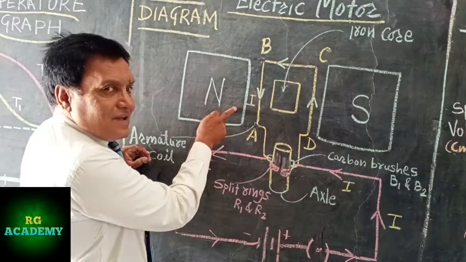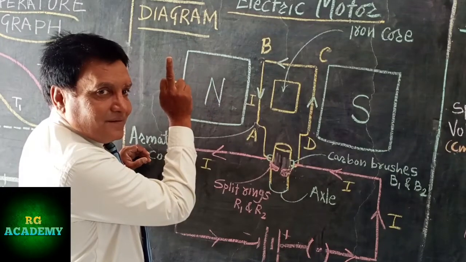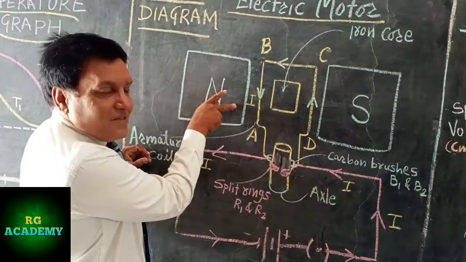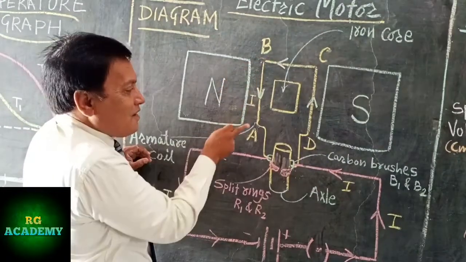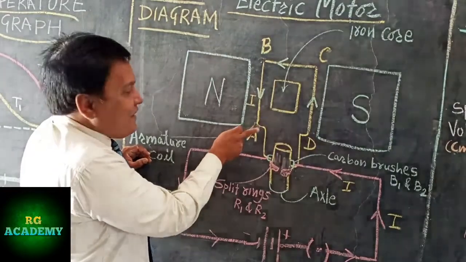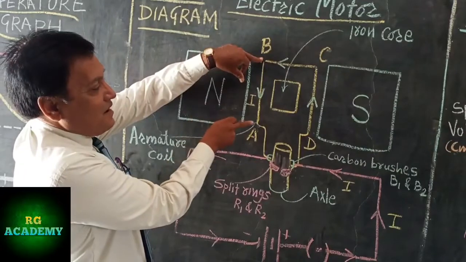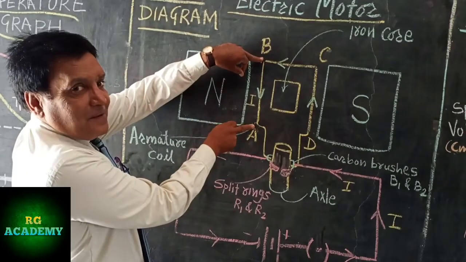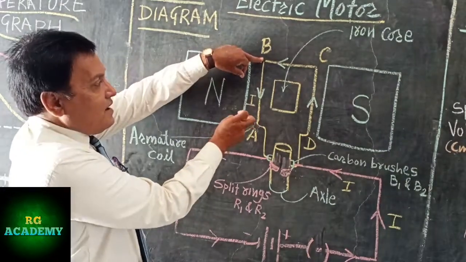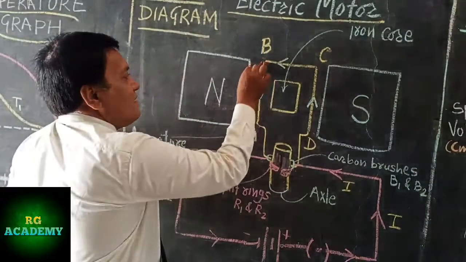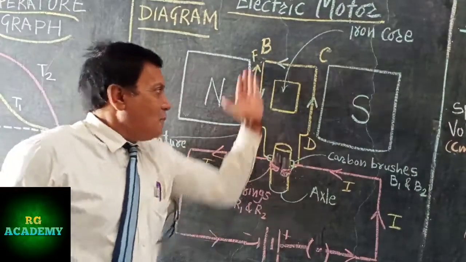You can recall that topic, where a horseshoe type magnet is placed and the current carrying conductor is there. Current is going from up to the bottom side. Definitely this arm AB is in the magnetic field. Current is flowing through this conductor, the armature coil arm AB. Current is going downwards, so definitely it will experience a force in the upward direction.